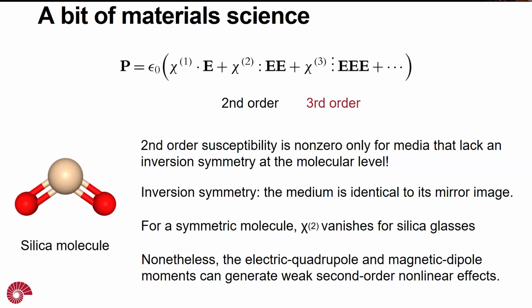Second-order susceptibility is non-zero only for media that lack inversion symmetry at the molecular level. Inversion symmetry is one of the molecular orientation terms, and if you have inversion symmetry in the molecule, the medium is identical to its mirror image. Chi2 is actually in crystals, and we use nonlinear crystals to generate second harmonic generation, or most of the time wave mixing, etc.